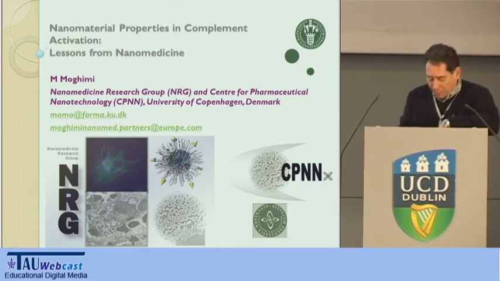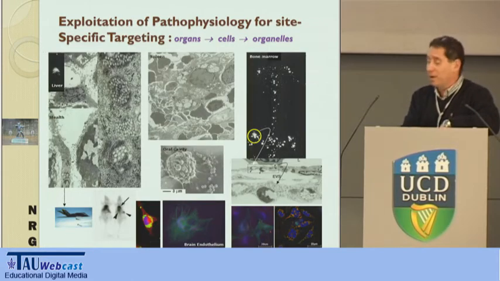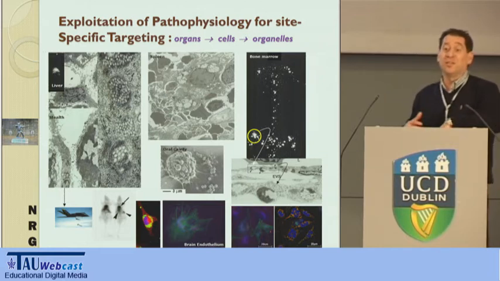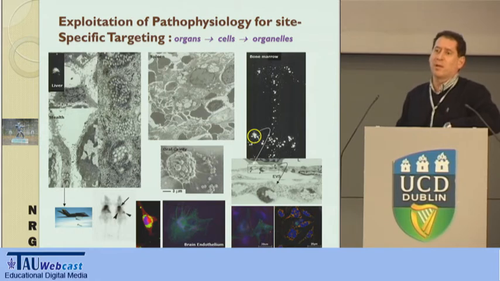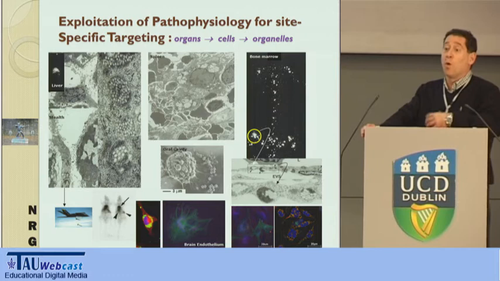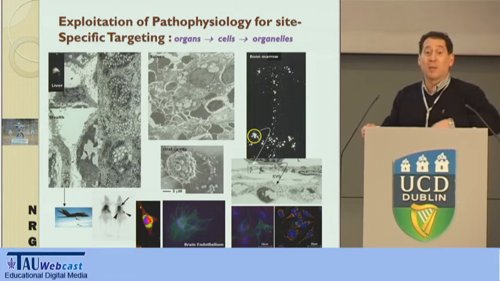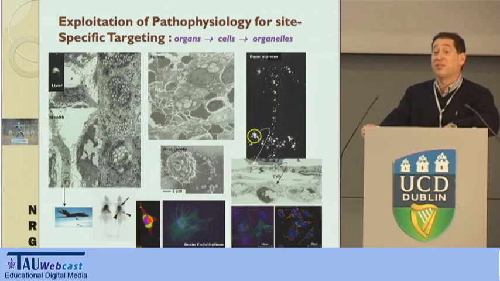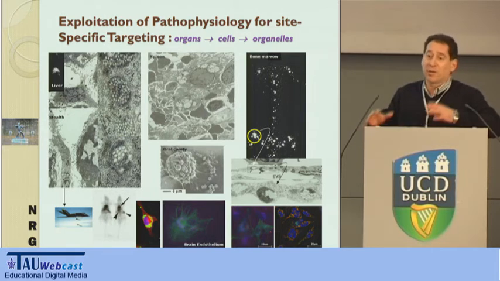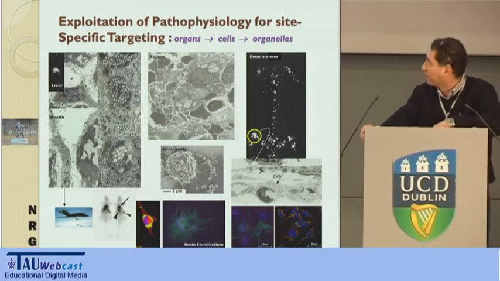So in order to design this kind of delivery system, we had to learn from the disease processes. Are we going to make just a particulate system and try to target it somewhere, or are we going to understand the physiological or pathophysiological basis of a disease? What are the opportunities offered by a particular disease, and can they be exploited in the design and site-specific targeting using the wonderful materials available today?